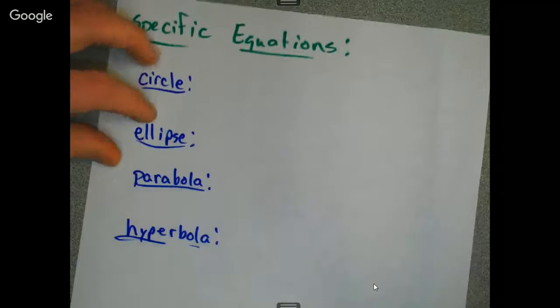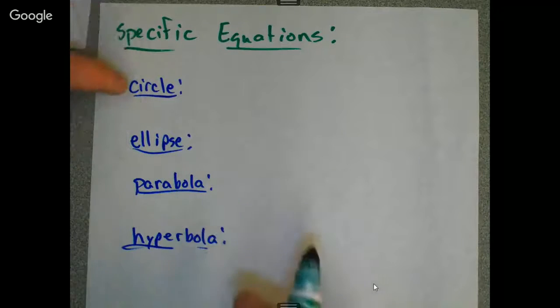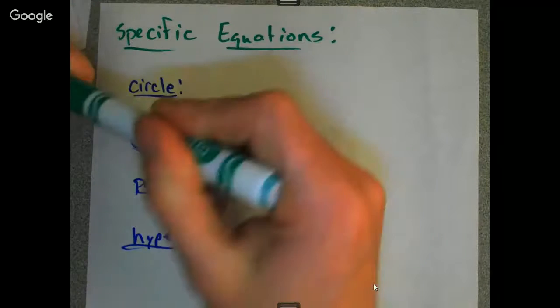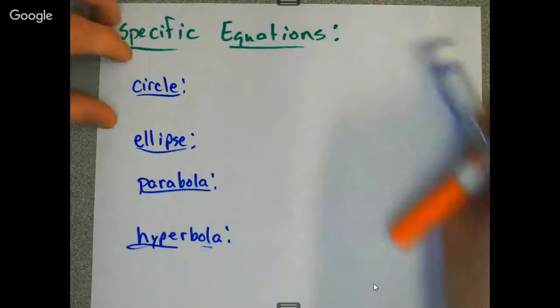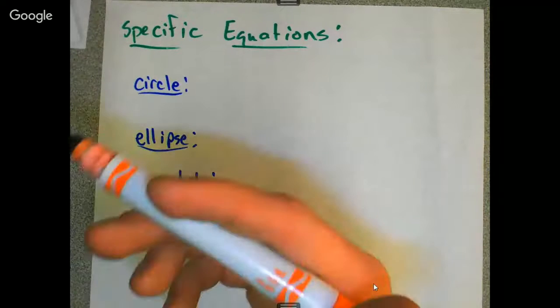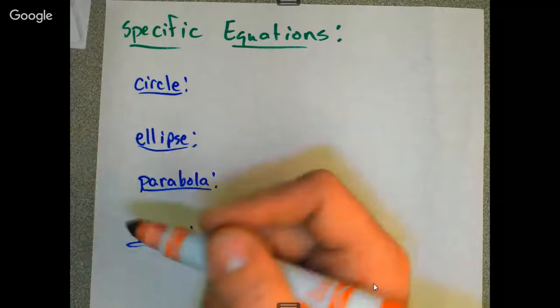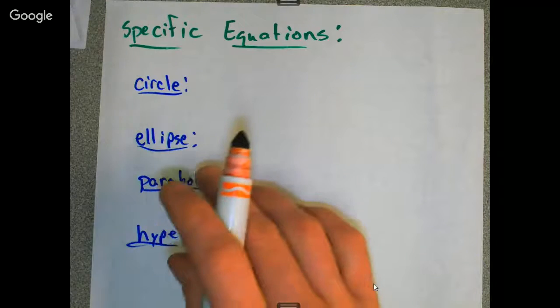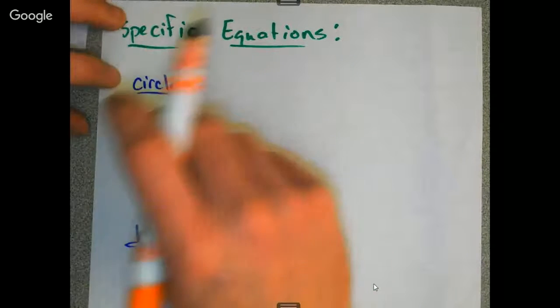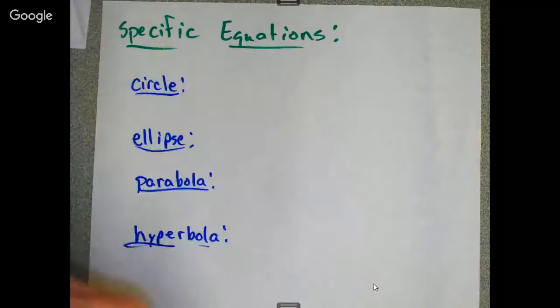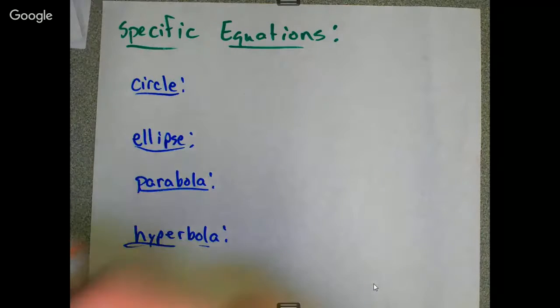Now, we have specific equations for each one of these. Usually I don't give these out right away, but I'll go ahead and give you these so that we can look at them. These are very straightforward equations. We'll get into more detail about the equations later on.